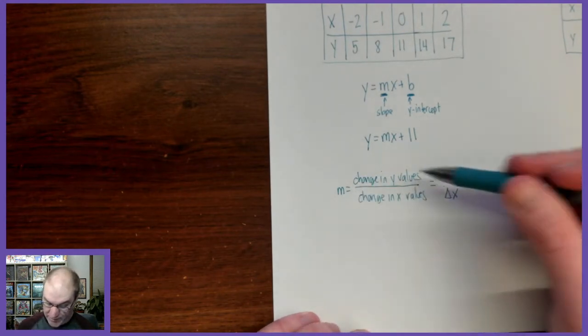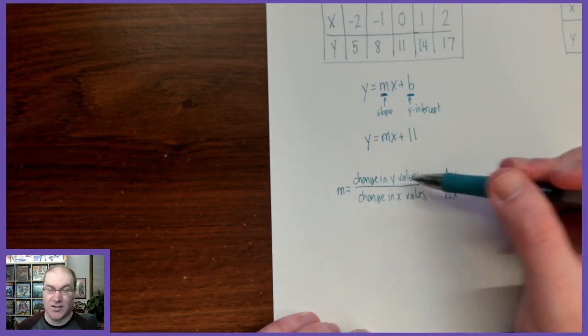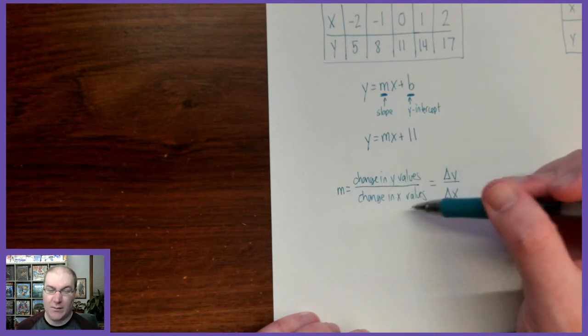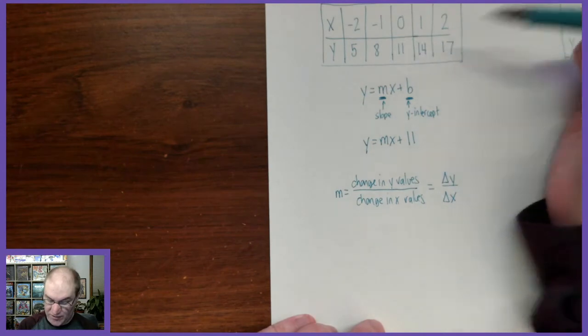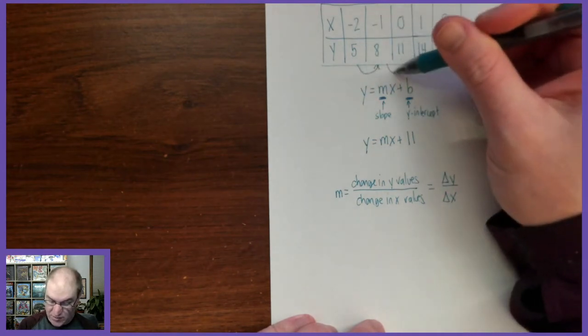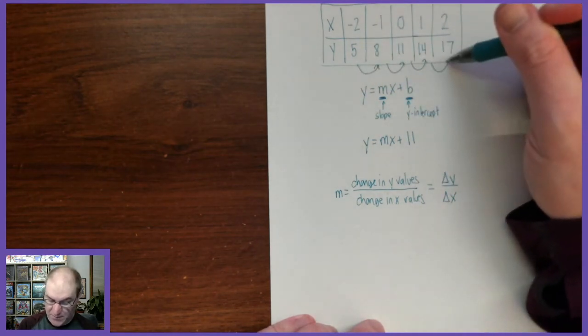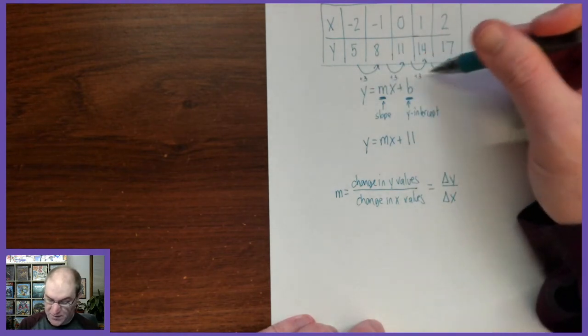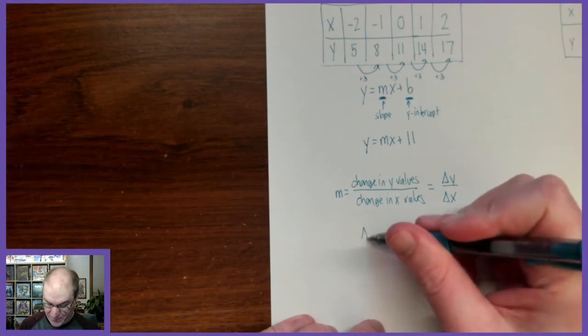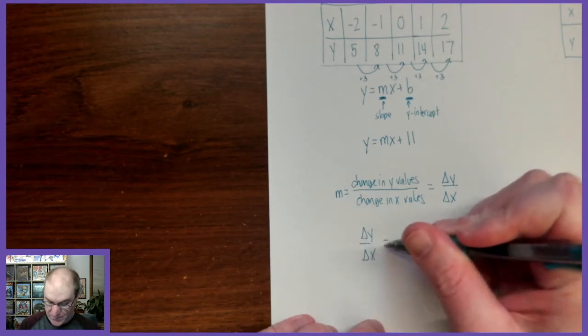So anyway, this formula says how much are the y values changing, all divided by how much are the x values changing. So how much are the y values changing in this table? Each column is increasing by 3. So that means our change in y is 3.